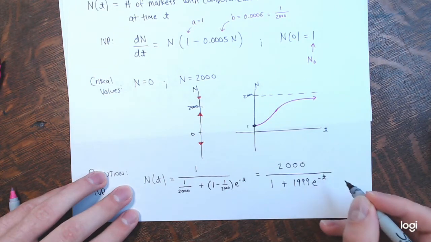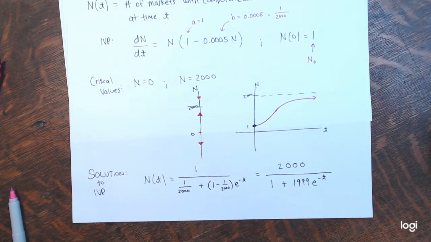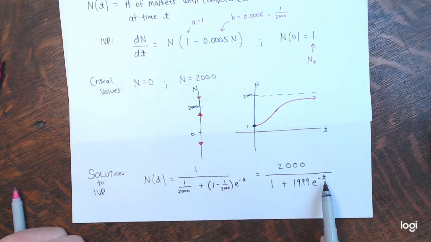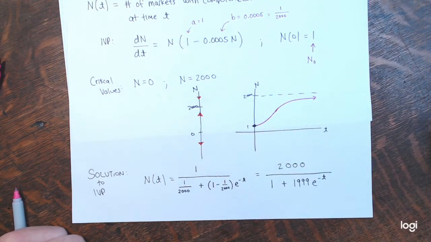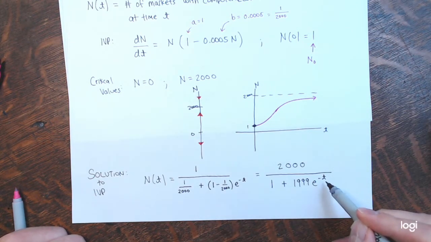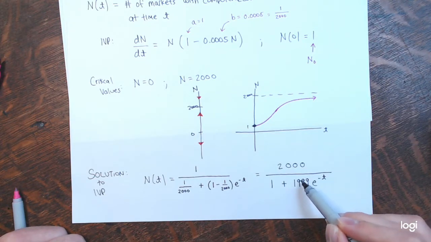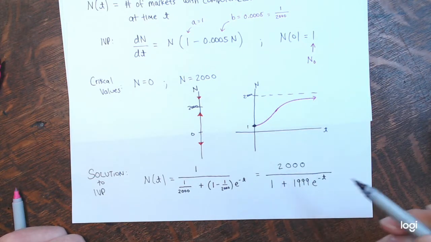And you see how this actually satisfies the initial condition. If I replace t with 0, you'd have 2,000 in the numerator, 2,000 in the denominator, so you'd get 1 as your initial number of supermarkets with computerized checkout. And as t goes to infinity, this term down here, the 1,999 e to the negative t, would go to 0, and the population would be approaching 2,000.